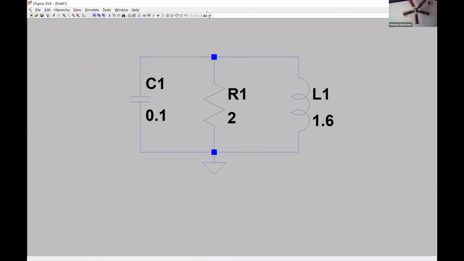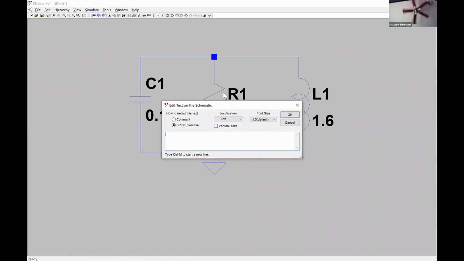All right, and I'm going to need to put in my initial conditions. The initial condition on the capacitor voltage will be the voltage at node 1 with respect to ground in this circuit, and I know that emphatically because there's only one node that isn't ground. So what was the initial condition on my capacitor voltage? It was 12 volts. 12 volts, all righty.